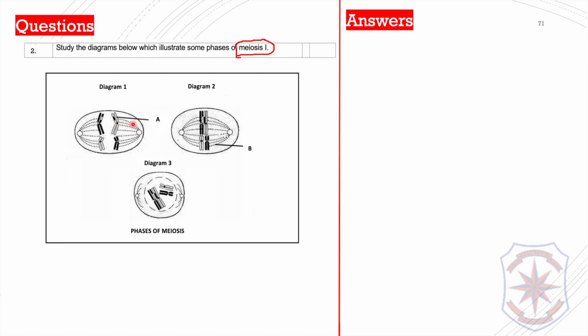And then diagram 1, we forgot. Depending on the context of the question, what I see here is that the label line, please make sure that you check directly what the label line is indicating. So I am seeing a chromatid. Okay? I am seeing a chromatid at face value. However, depending on the context of the question, the answer might be different.